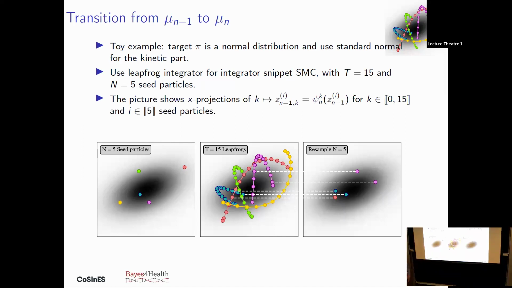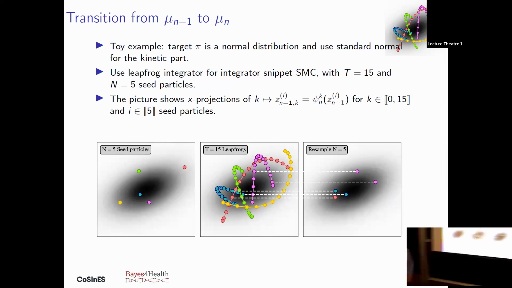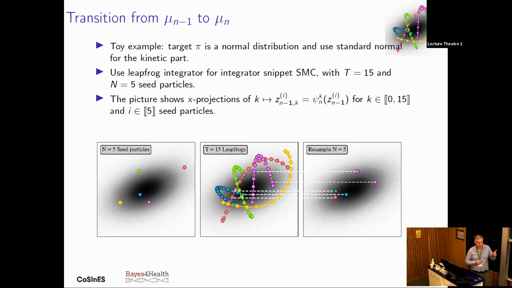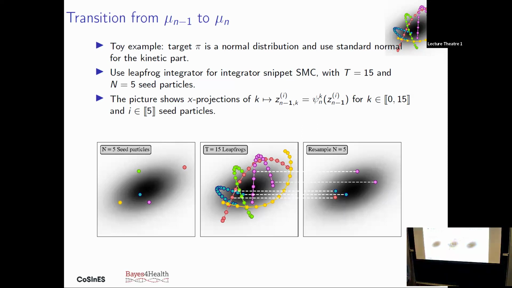And what happens is that from each of these particles, you grow a snippet. And by the way, you can see here that HMC is maybe not a good idea, because it's very hard to predict where X is going to land, especially if you just look at the endpoint. Here we've got examples of snippets. If you take the green snippet, it starts in an okay region, goes in a bad region, goes in a good region, and then ends up in a bad region.